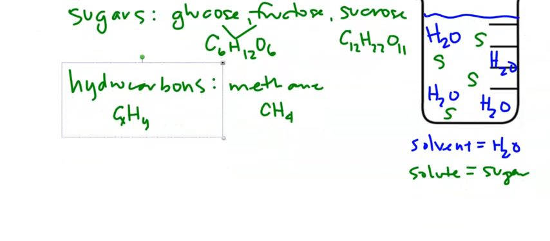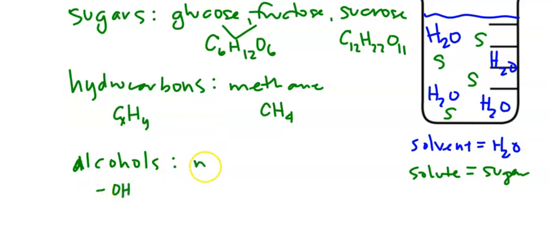And then lastly, another one we also talked about were alcohols. Alcohols were like hydrocarbons that had a hydroxide on them. So these would be things like methanol, which is you drop an H from that CH4 and you put an OH on it instead, like this. Okay, and we will go through more examples in class, but these are electrolytes and non-electrolytes.